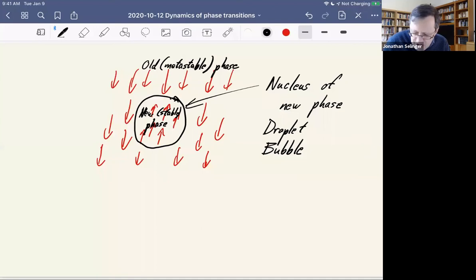So this is happening in a nucleus or a droplet or a bubble, whatever we call it. And let's suppose that that region has a radius r.